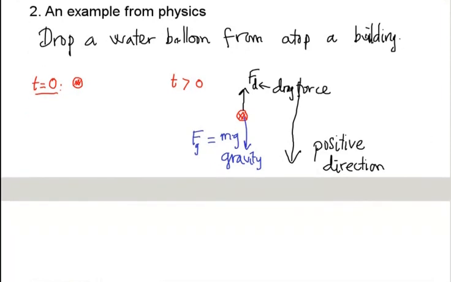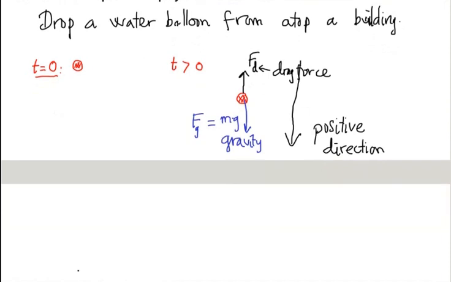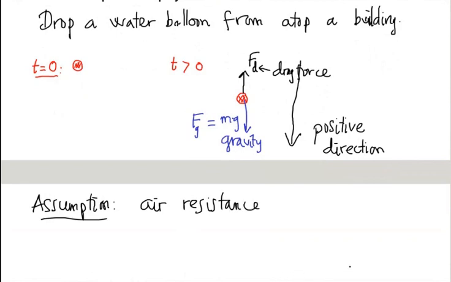Now there are several ways to model the air resistance, and here we're going to assume the following: that air resistance is proportional to the velocity.